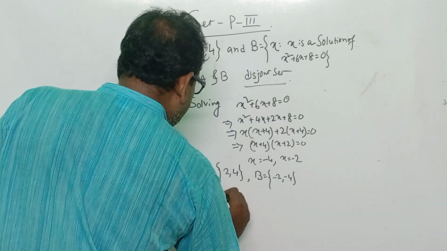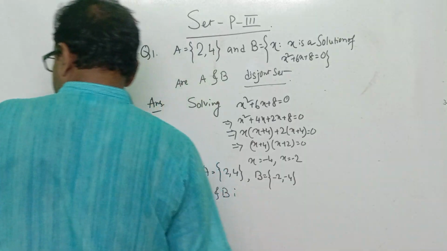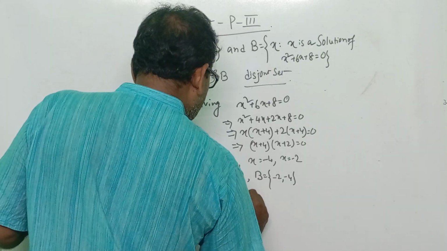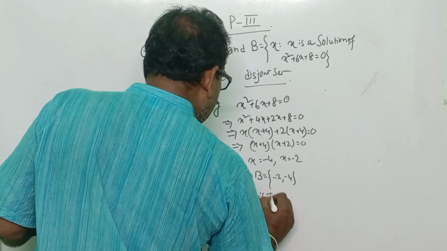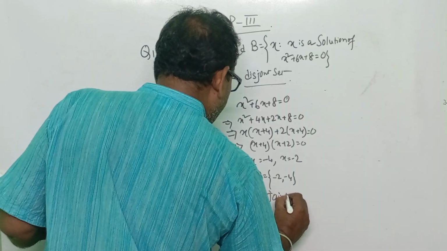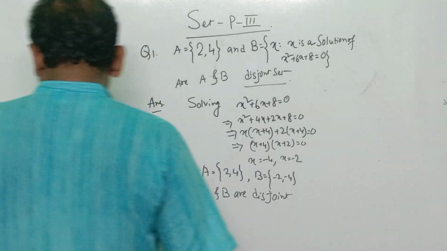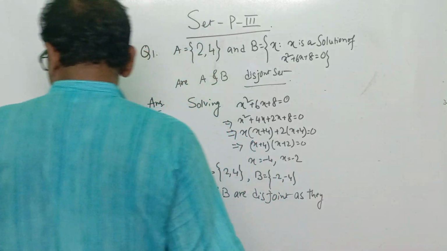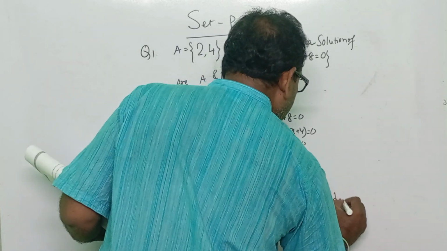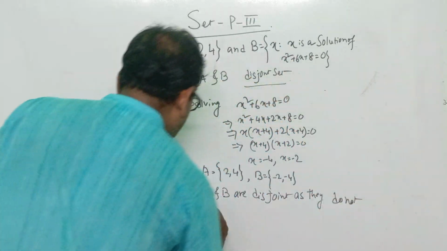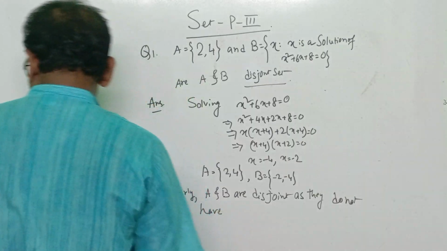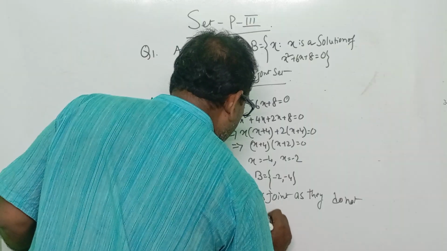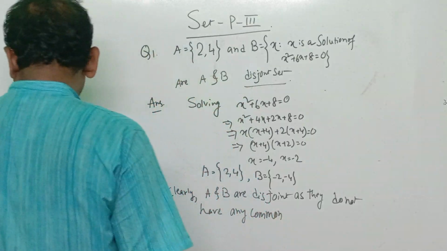A and B are disjoint as they do not have any common element.